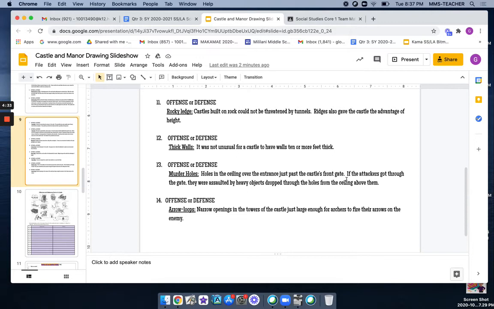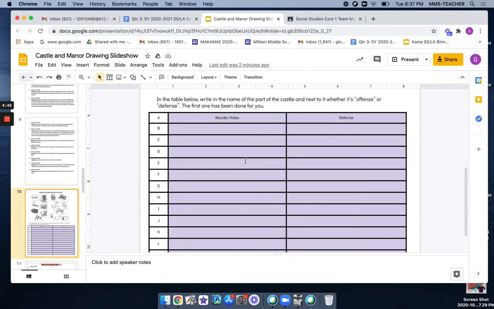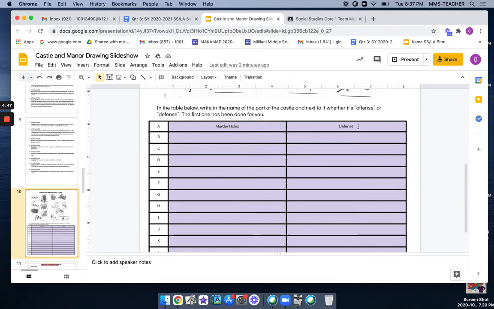Knowing that it's used against attackers at the entrance, it has to be defense. They do that to defend their castle. So that's why you would write defense.